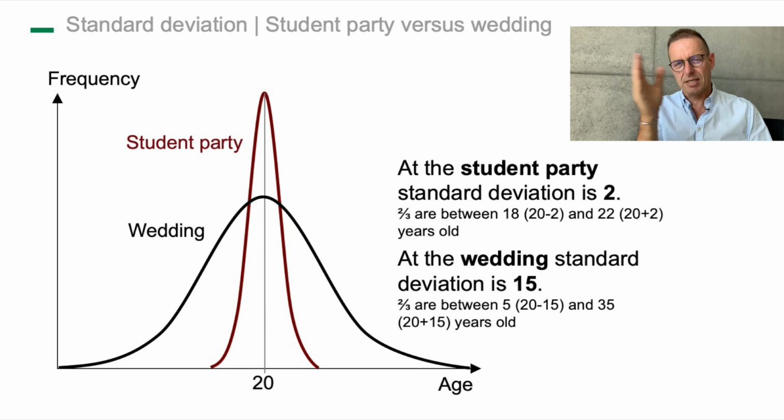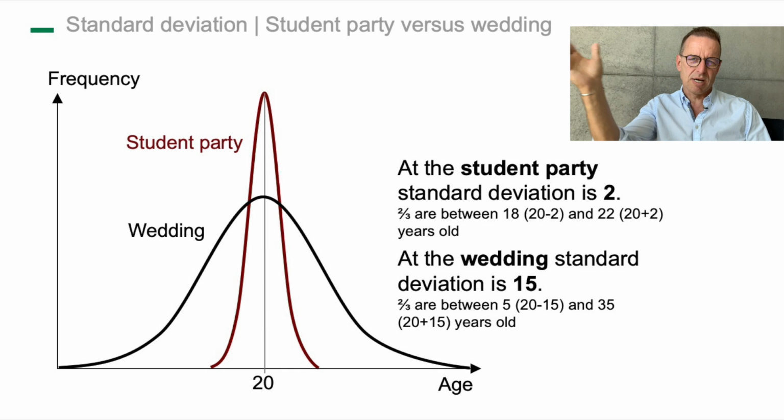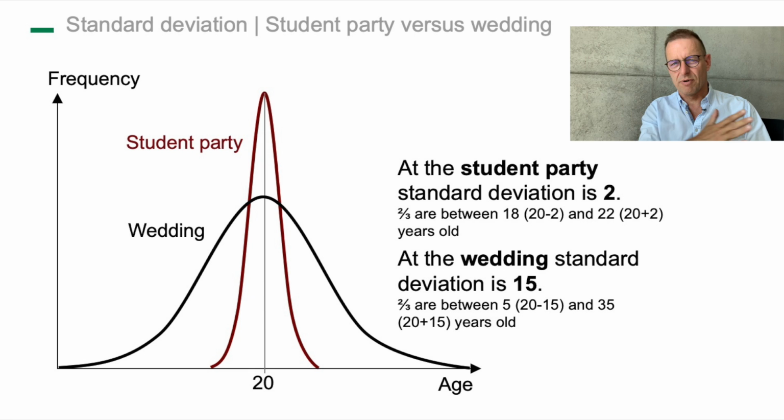You look at all the cases, all the values, and you put them in a row from the lowest to the highest, for instance, with regards to compensation, age, whatever. Then you try to split the group into two halves. The value that splits the group into two halves, that's the median.